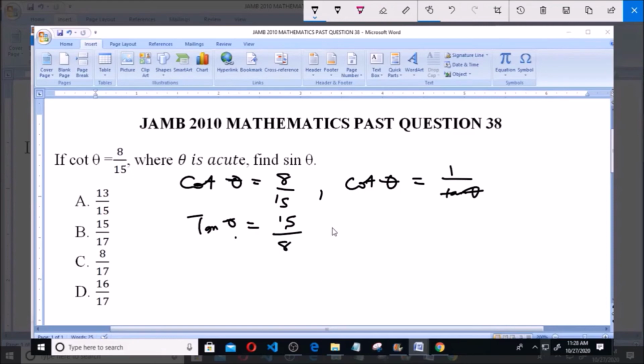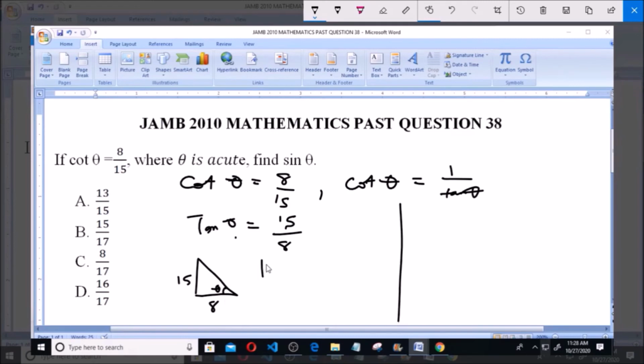From this we can represent this on a right angle triangle, because tan theta simply means opposite over adjacent. So imagine this is theta, it simply means 15 here, and 8 here, opposite over adjacent. Now let's look for the hypotenuse for us to be able to find sin theta.